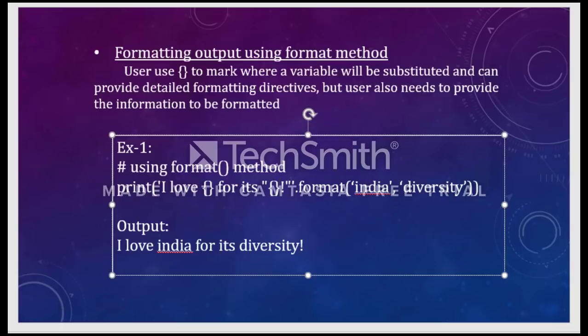Then in that method, the values to be substituted in these curly braces: in the first, you substitute India, in the second, diversity. India and diversity should each be enclosed in single quotations. When you execute this statement, you will get the output I love India for its diversity. So in the first pair of braces India is stored, and in the second, diversity.